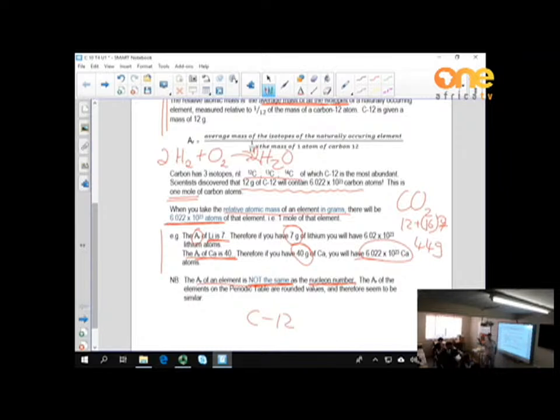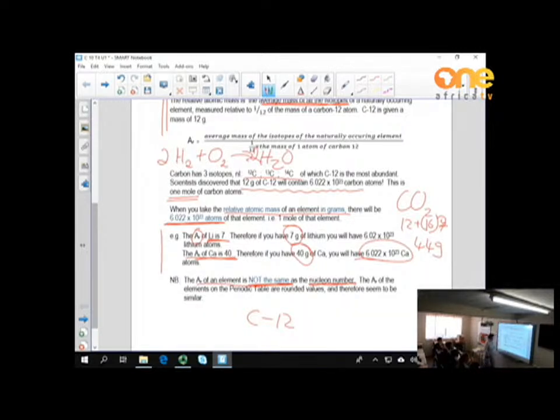There is carbon 13 and carbon 14 as well. So when I take the relative atomic mass of carbon, it's 12,011 something or other. We work with it rounded off as 12. But that rounded off value is the average mass of carbon 12 plus 13 plus 14. There's just a very little bit of those. That's why it's not a whole number.